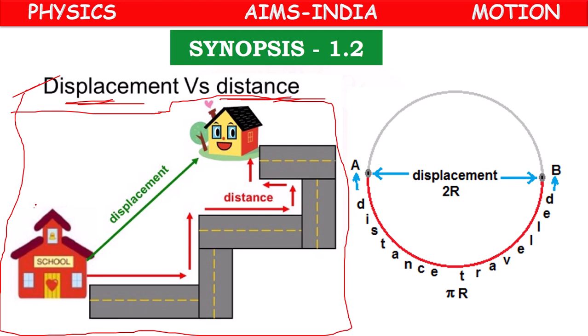so this is the school and this is the house. From the school, one student, after completing his school, wants to go to his house. So how is he going? This is the road from school to house.